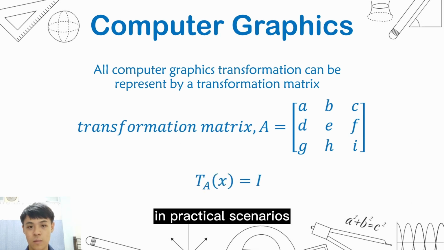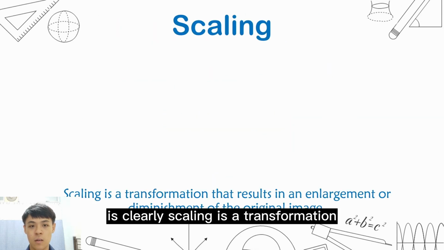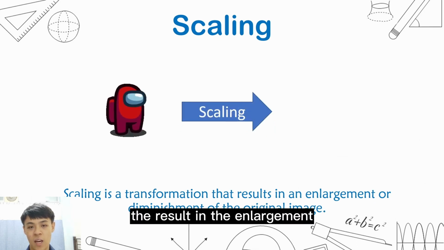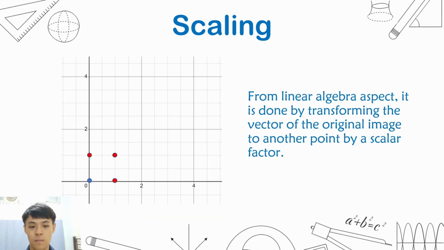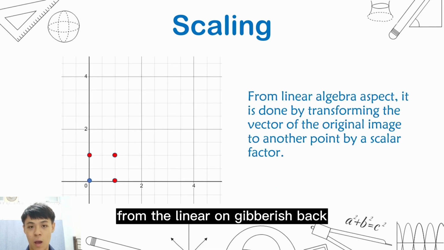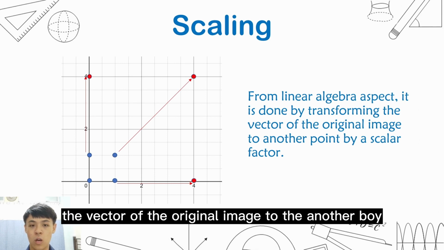The first type of transformation in computer graphics is scaling. Scaling is a transformation that results in an enlargement or diminishment of the original image. From the linear algebra aspect, it is done by transforming the vector of the original image to another point by a scalar.